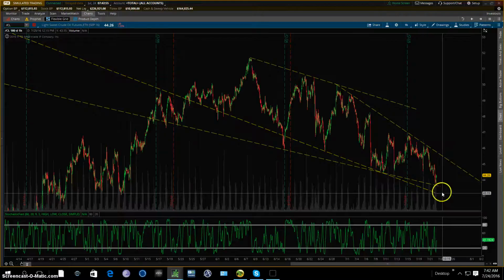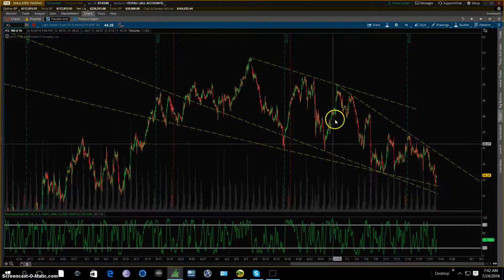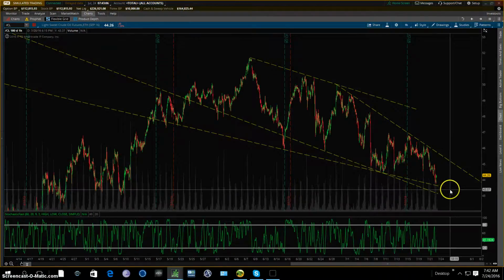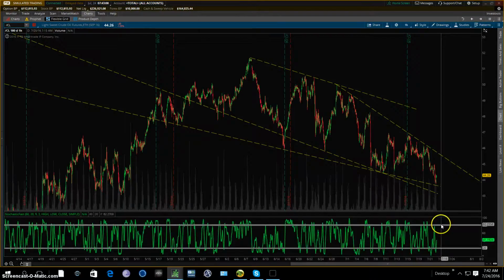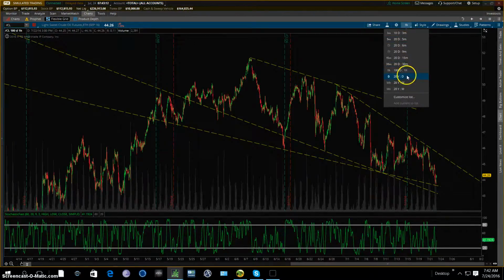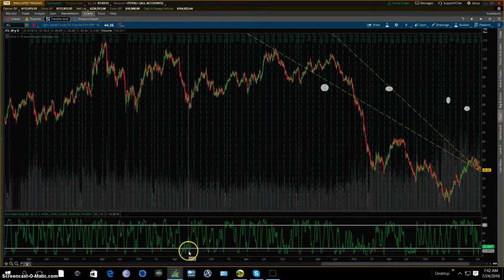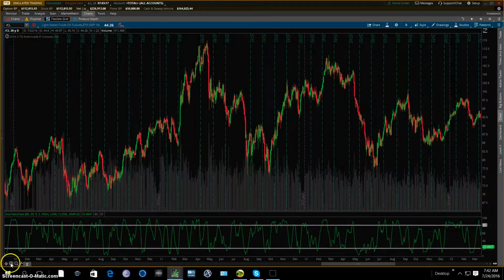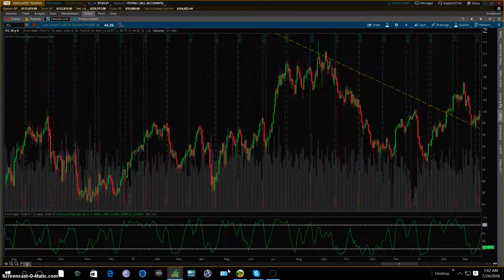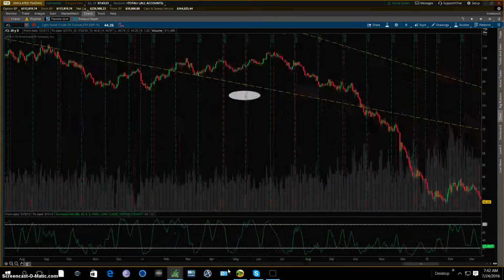So yeah, anyways, a lot of things lining up on this one. One of the most common patterns, falling wedge, bottom trend line bounce, weekly oversold, daily buy divergence, which is huge. And also hourly maybe setting up for a buy divergence.